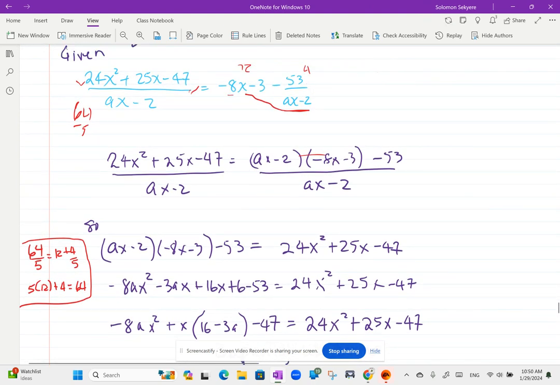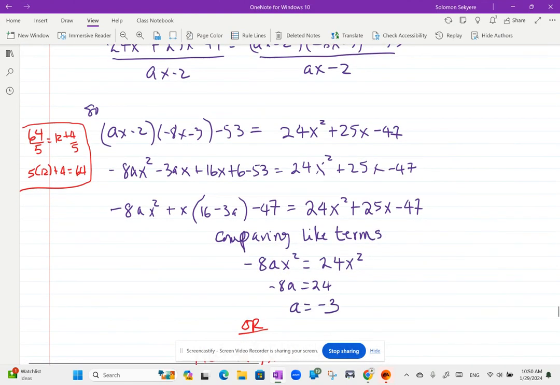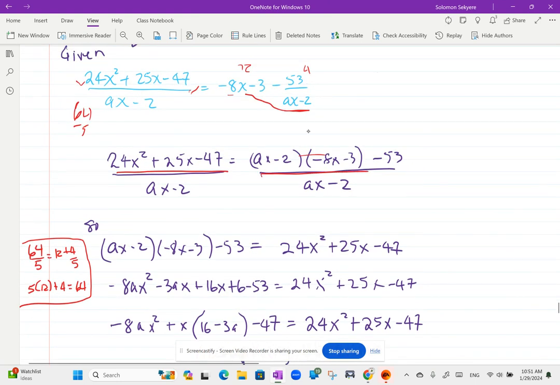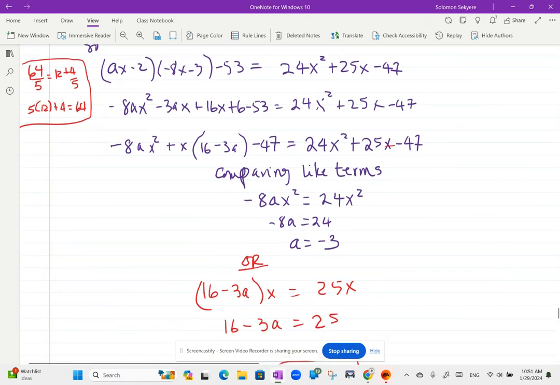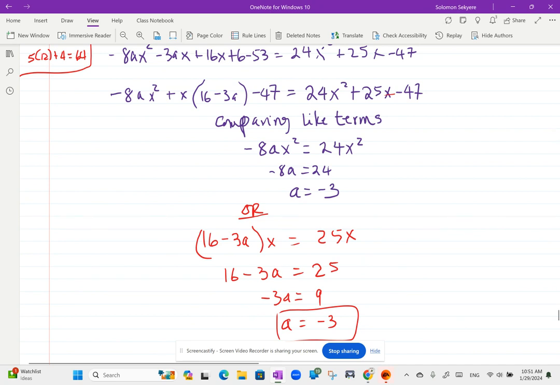So now both of them have the same denominator, right? So this and that are equal. The numerators are the same. So I write the numerators the same. Then I FOIL, combine like terms, compare like terms, right? And then I find my unknown.